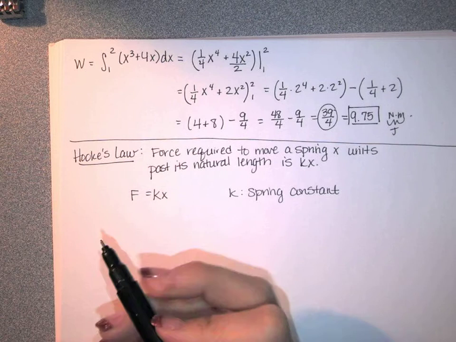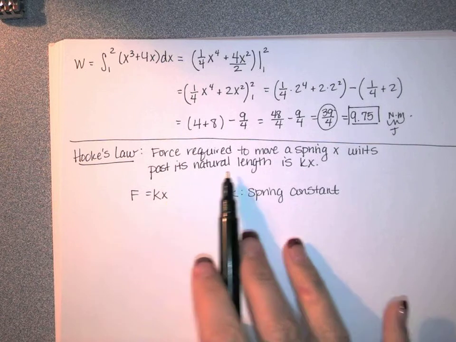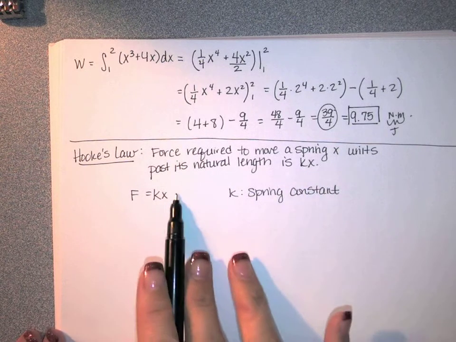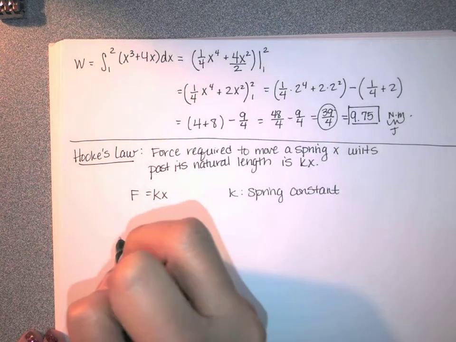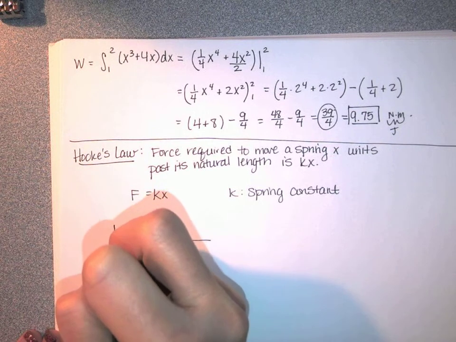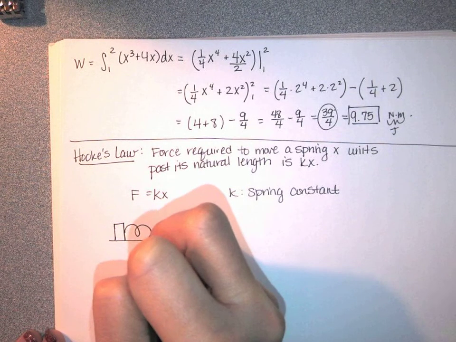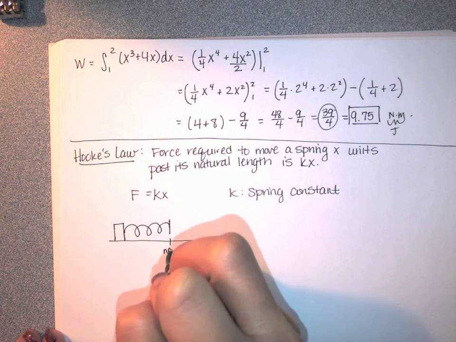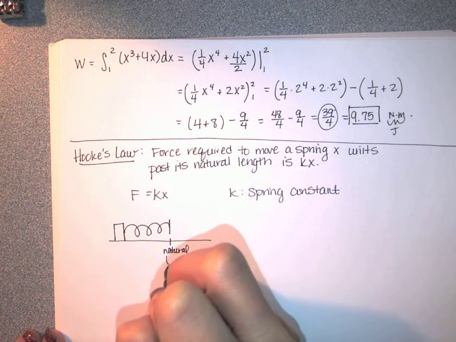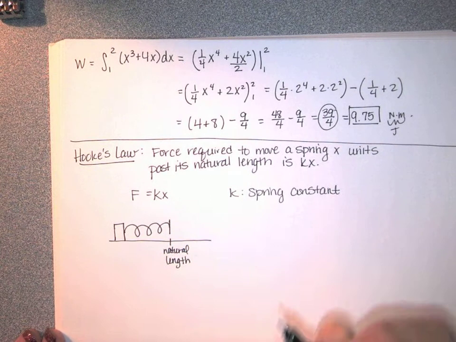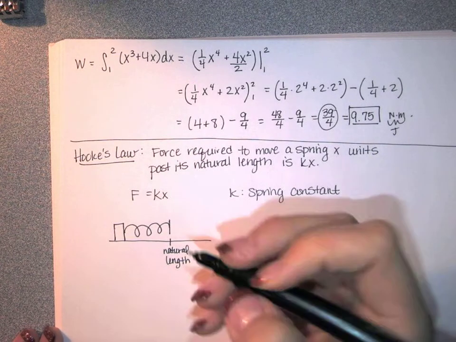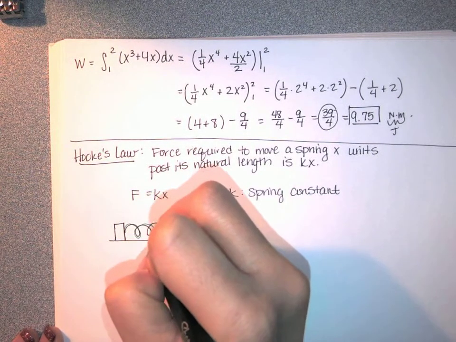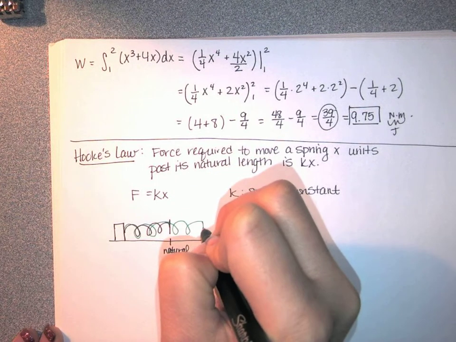Okay. Now, as long as we aren't stretching too far past the natural length, this is predictable. This is how it works. So maybe we've got a spring like this, and its natural length is right here. So that's where it would sit. But if I stretch it out a little bit, instead of having it here, but I stretch it out to here.